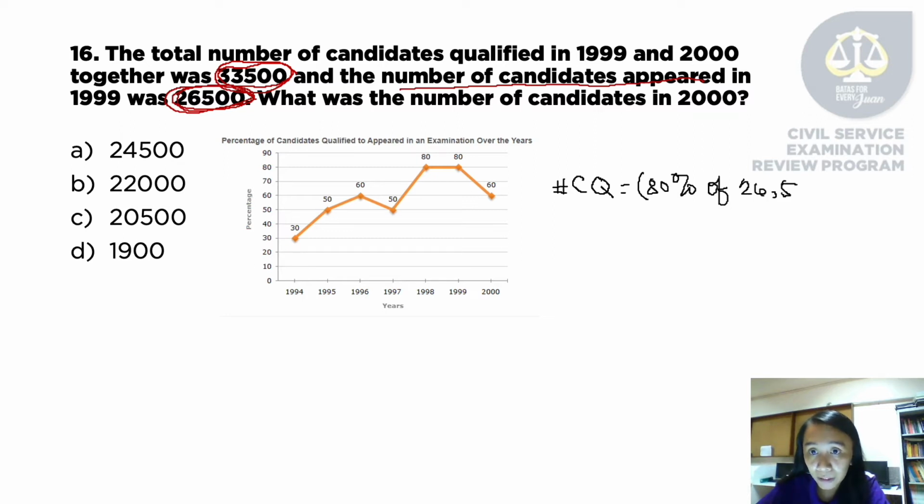So by getting the 80% of 26,500, I will get the number of candidates who qualified in 1999. That will give me an answer of 21,200. Ma'am, how did we get the 21,200? That should be 26,500 times 0.80.